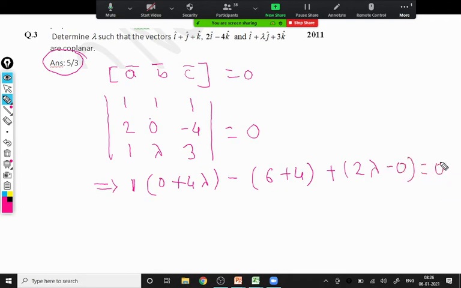That's all. This is 4 lambda plus 2 lambda, that is 6 lambda, equal to 10. So lambda is 5 by 3. Lambda should be 5 by 3, then only these three vectors will be coplanar. If anyone has a doubt here, you can ask.